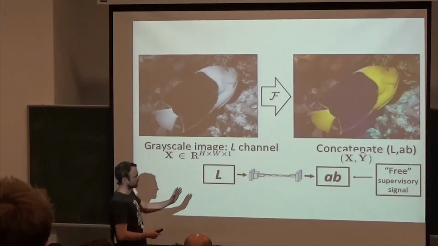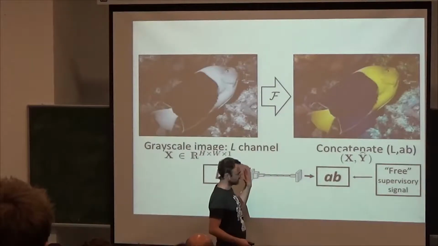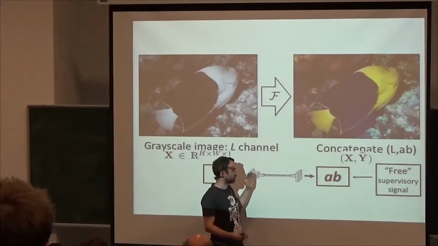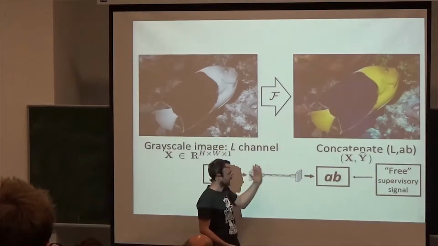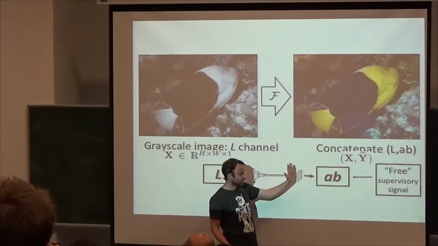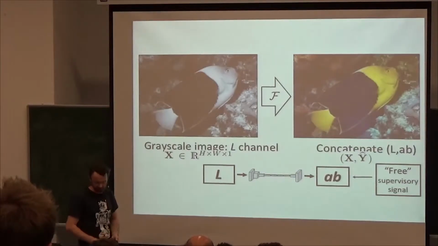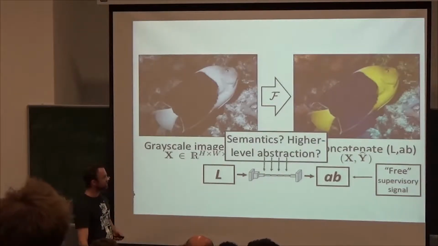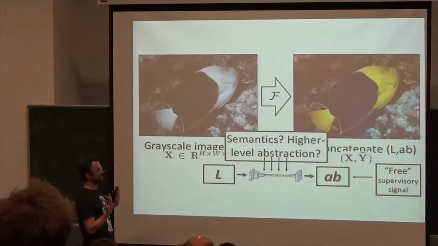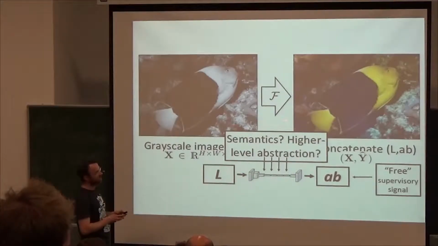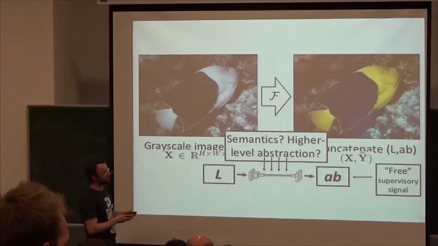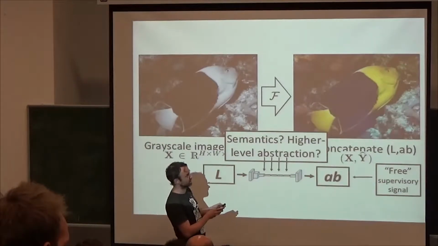Again, this is just a standard ConvNet. Think of those autoencoder models I was talking about before: this is just an encoder, with no decoder piece back to the original input space. And you might say, how on earth is this going to do anything? Well, if you think about it carefully, you have to have some semantic understanding of what this is, say a fish, in order to know where to put the colors.